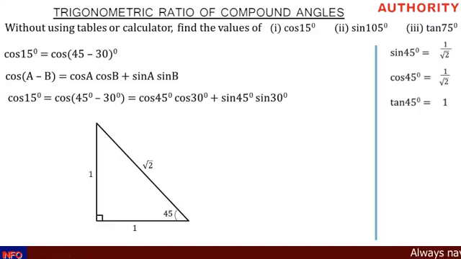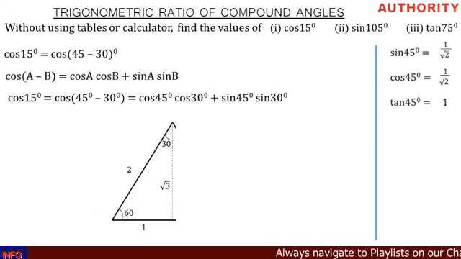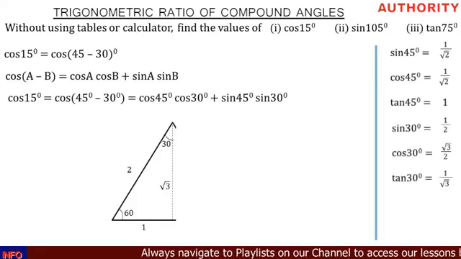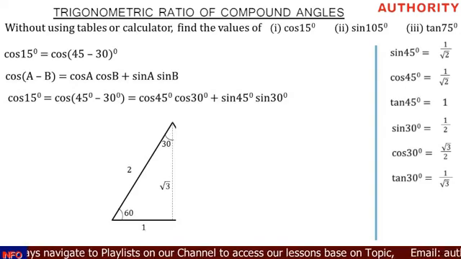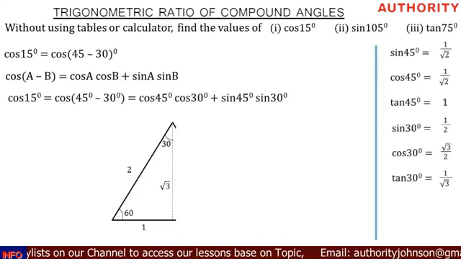Okay? Then let's also find cos 30 degrees. So cos 30 degrees, let's make use of this shape. So in this shape, we're going to see that cos 30 degrees is equal to root 3 all over 2. You know, we have adjacent all over hypotenuse. So our adjacent here is root 3, then the hypotenuse is 2. So we have root 3 all over 2.